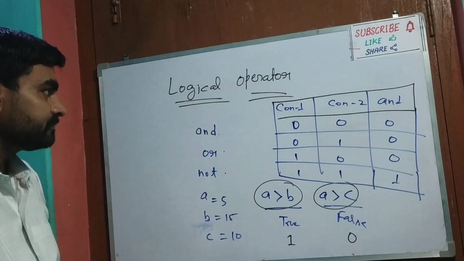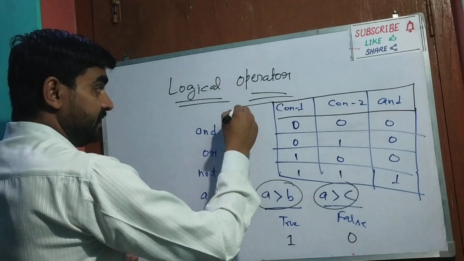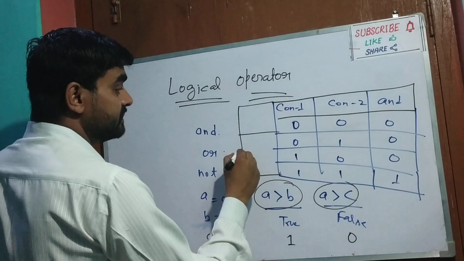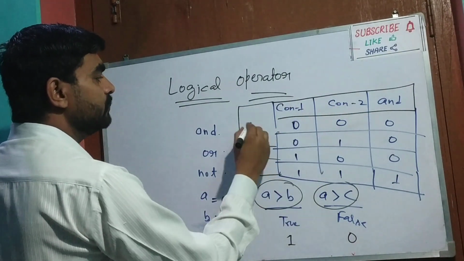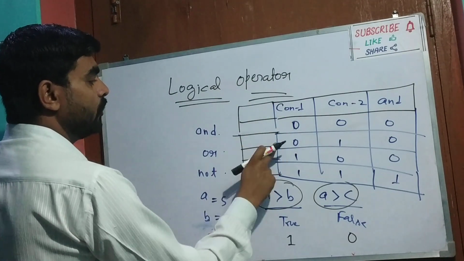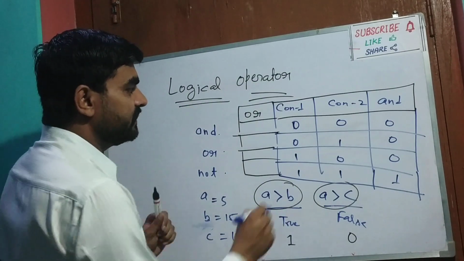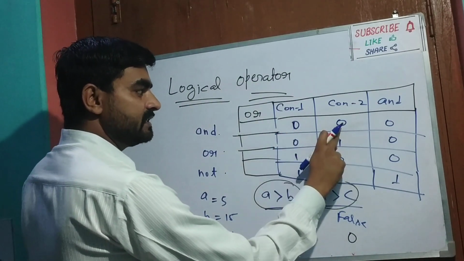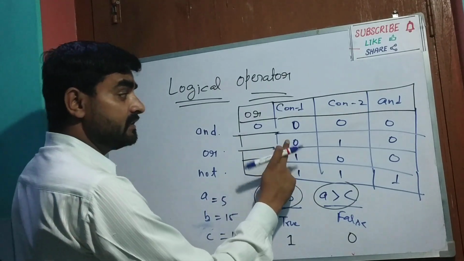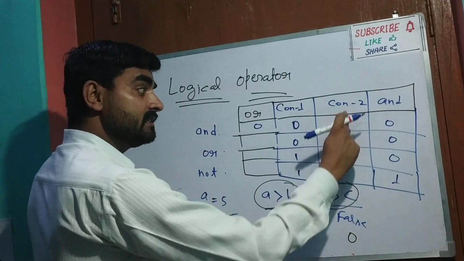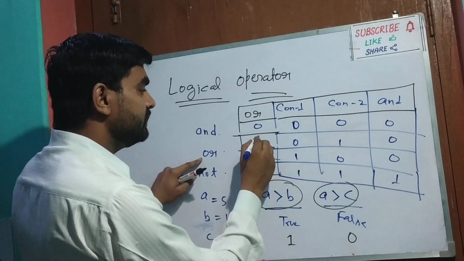So student, if you are going to write condition first and condition second, and use it with the OR symbol, what will happen? If condition first is false and condition second is false, together it becomes false. If condition first is false and condition second is true, with OR the result will be true.